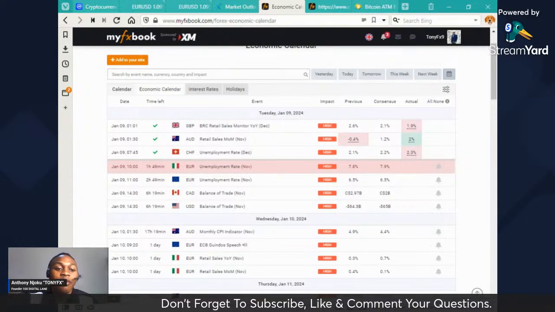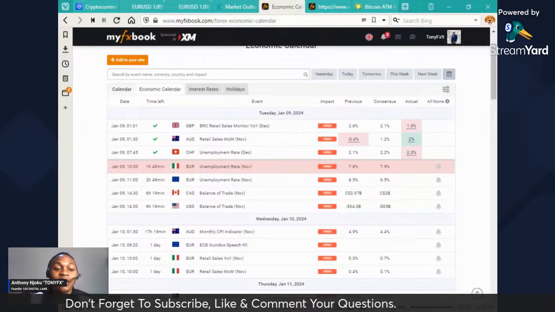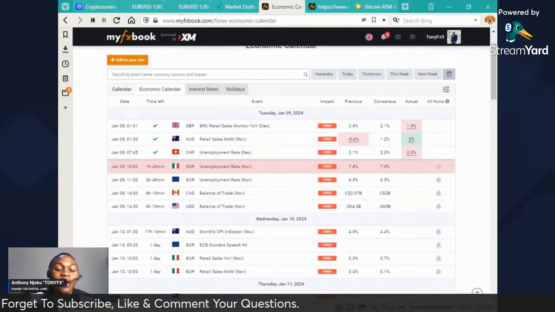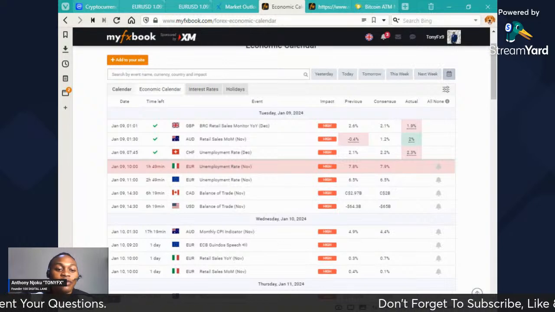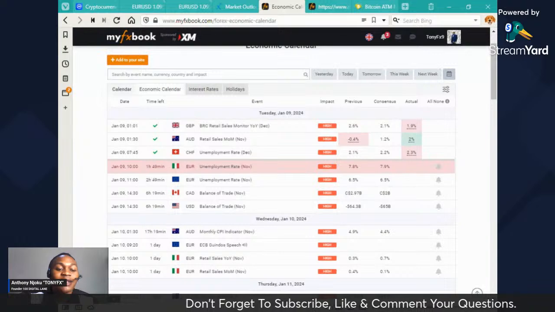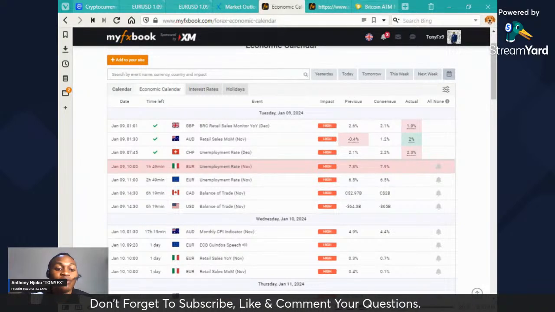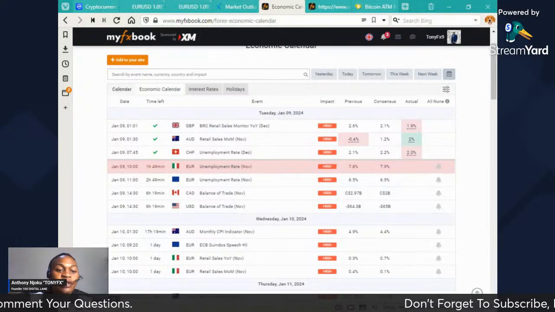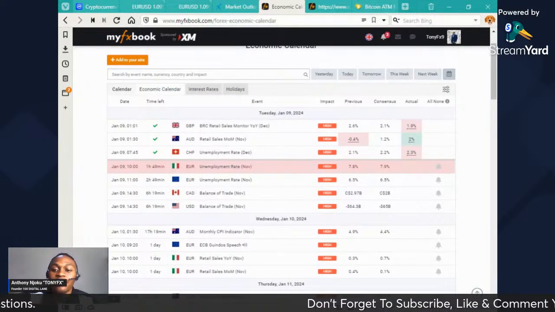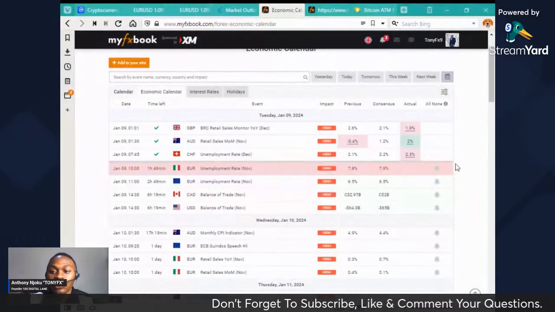It was minus 4.87%, and the forecast was minus 4%. Then we also received Germany industrial production month over month, which was minus 0.7%, and the forecast was 0.3%. So the industrial sector, the industries in production in Germany got lower results than expected.